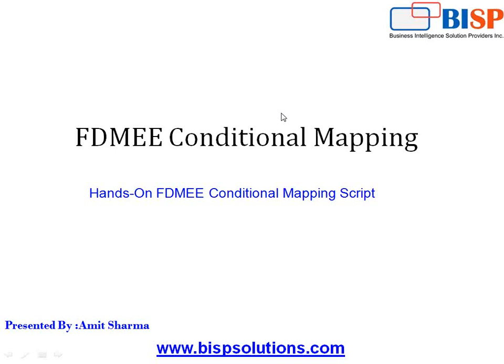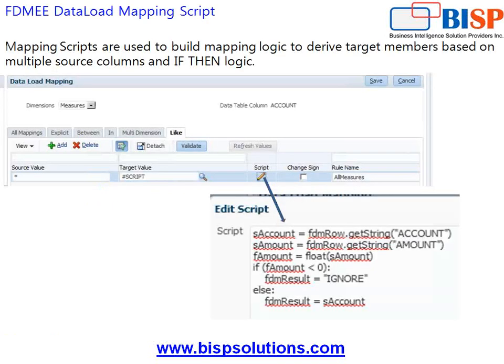In today's example, I'm going to use Essbase as my target application and my source is going to be a flat file. The script continues to work with a flat file or with an application like Oracle EBS or PeopleSoft.